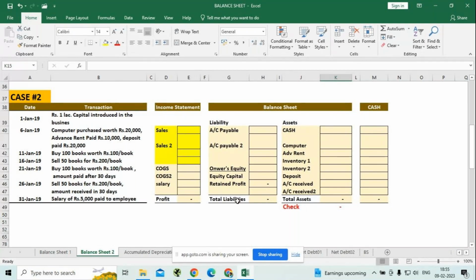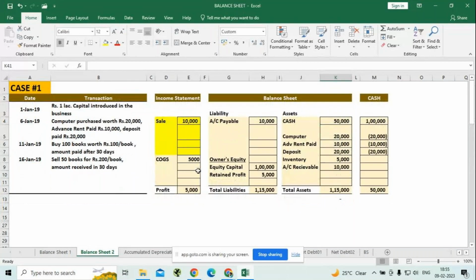So try to make this one, and please share it with me. I'll share this sheet today after the session, so you can refer to this and try to answer it. Okay, yes. So this was our interconnecting of the income statement with the balance sheet.